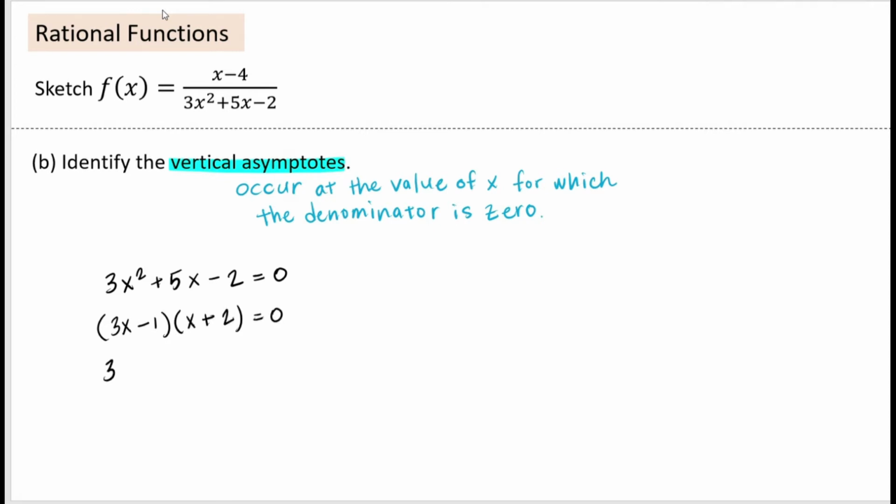So we get 3x minus 1 is equal to 0, and x plus 2 is equal to 0. x is equal to 1 over 3, and x is equal to negative 2. So the vertical asymptotes are x is equal to 1 over 3 and x is equal to negative 2.